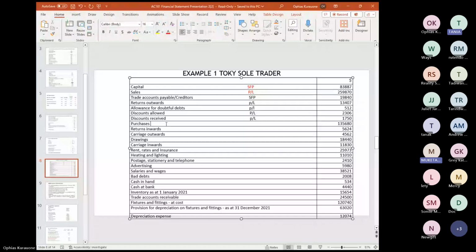Purchases: profit or loss. Return inwards: profit or loss. Return outwards: profit or loss.